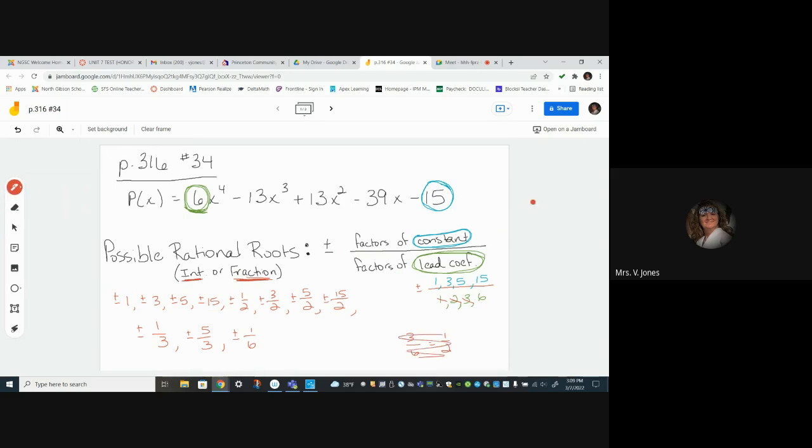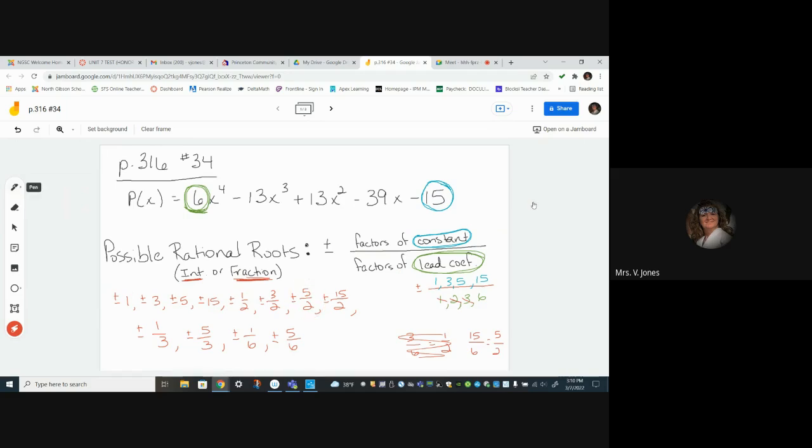And then, so that was 3 over 6, and now we're going to do 5 over 6. And then when we're looking at 15 over 6, when you put that in lowest terms, you can divide by 3 on top and bottom. You already have that right here. Actually, not right there. We have it right there. So we don't need to write it again.